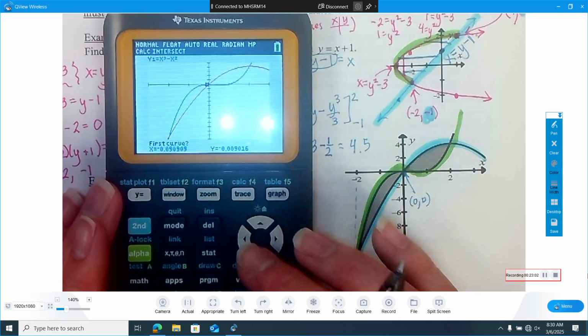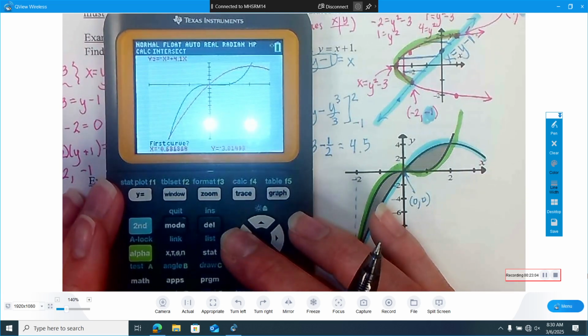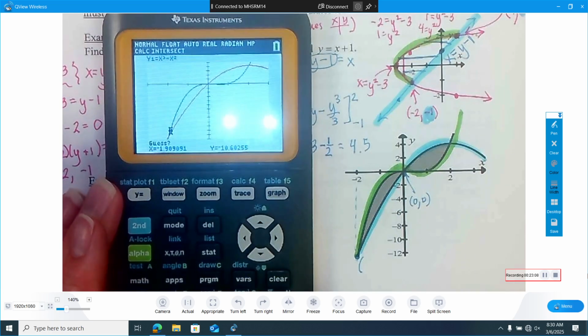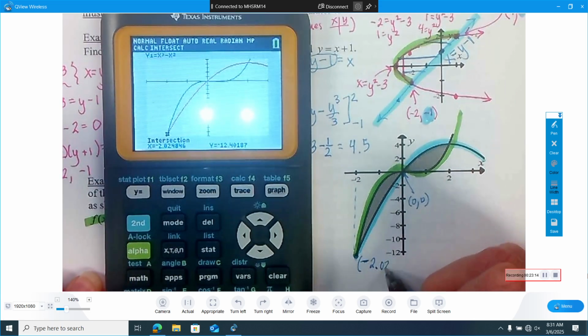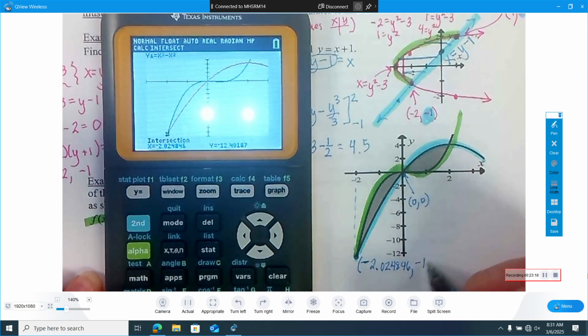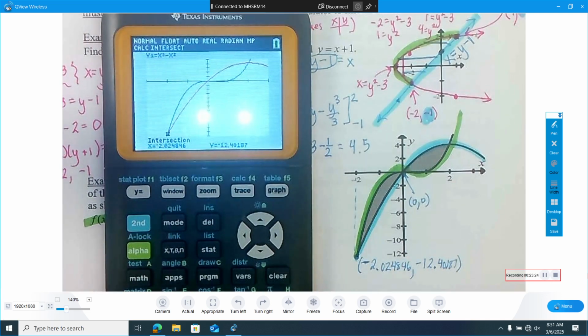All right, so here are some interesting tips for you, because this is really important. This intersection is -2.024846, -12.4018. These are rounded off, and you do not want to round them to 3 decimal places. You absolutely need to store these.